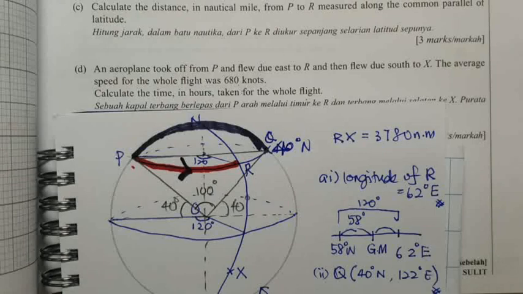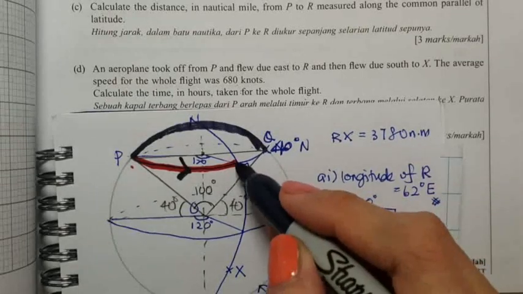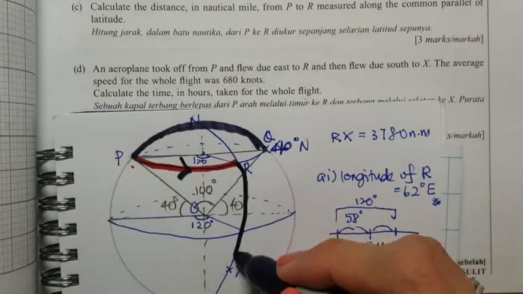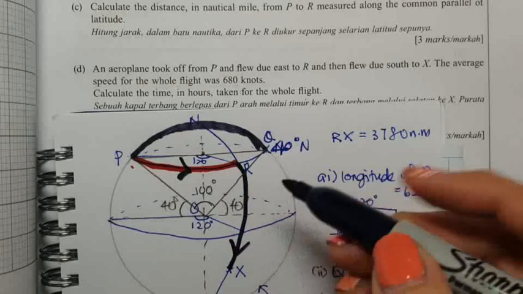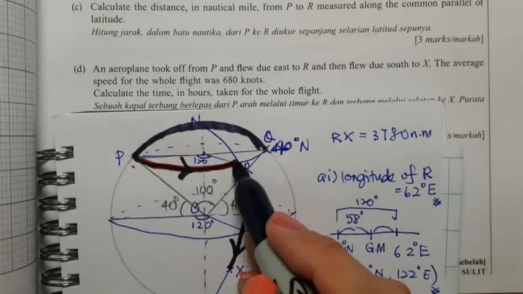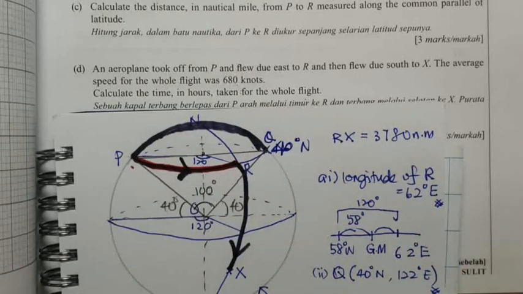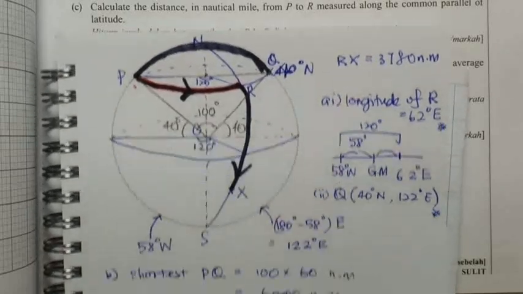Okay, and then it says, after that, flew due south to X. After that, coming down here, you flew due east and then due south. Okay, and then the average speed for the whole flight was 680 knots. So we need to find the time taken for the whole flight.